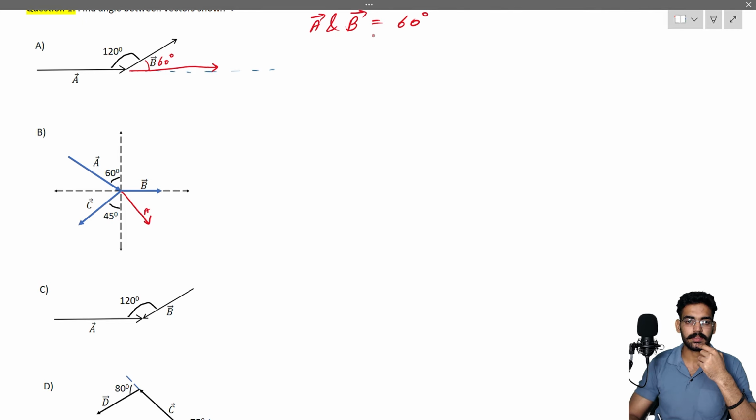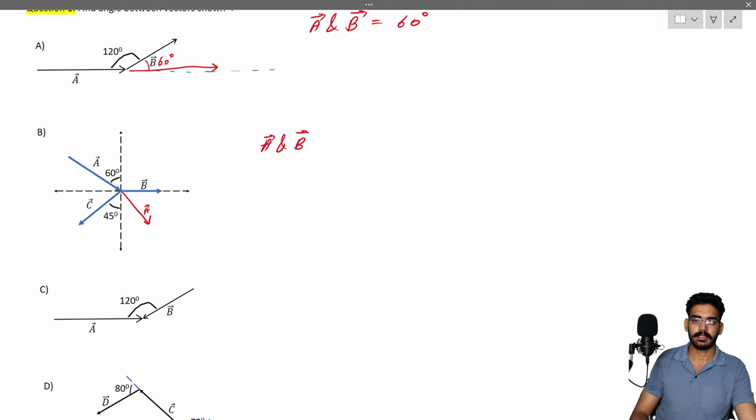So that's how I shifted the A. Now I can find out the angle between them. So basically A vector and B vector, B vector and C vector, C vector and A vector. These angles I can answer. So A and B, if this is 60, this is 30, so this will be how much? 30, right?